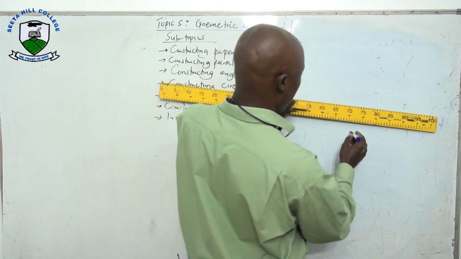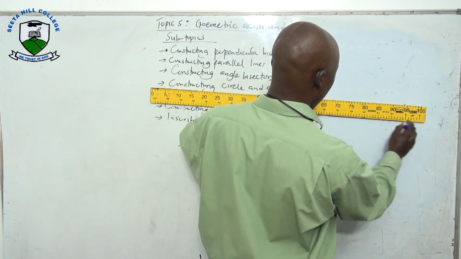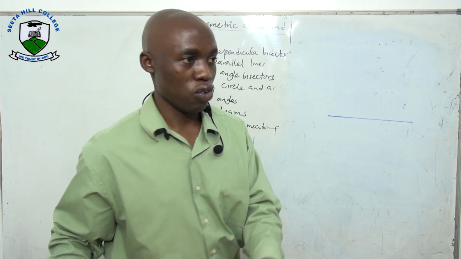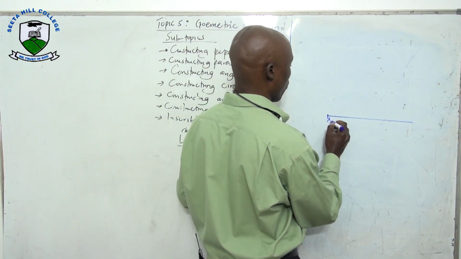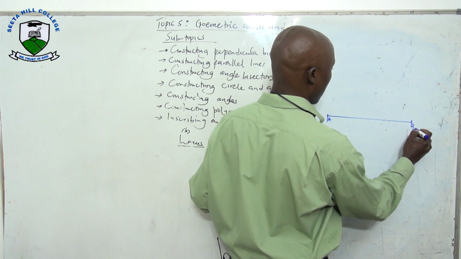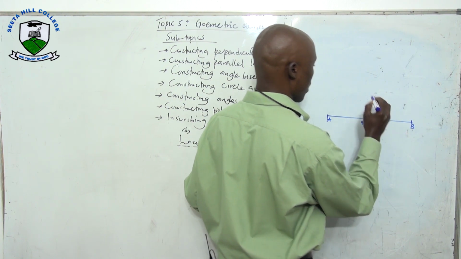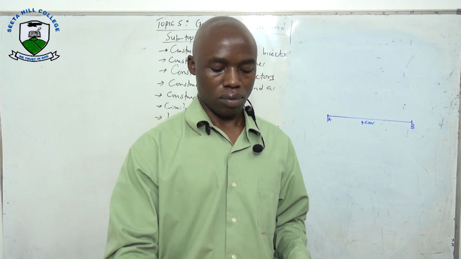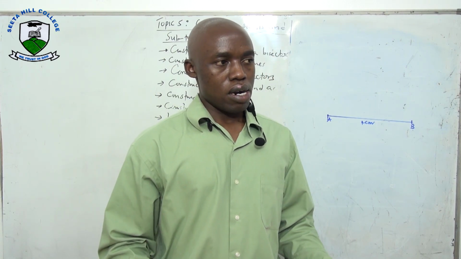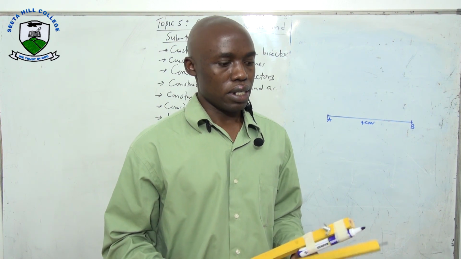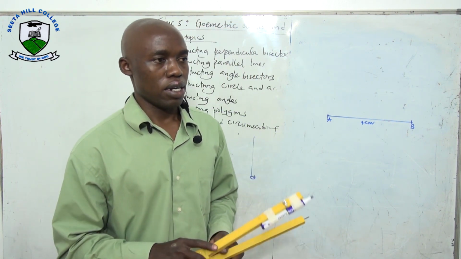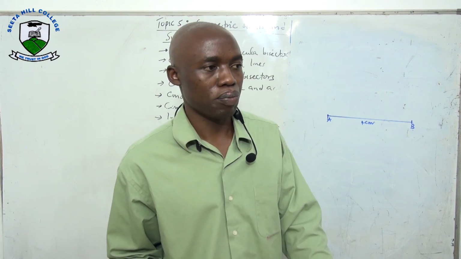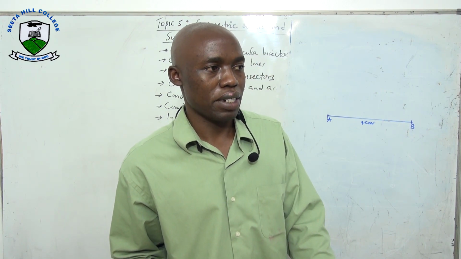How are we achieving that? Make sure you have a line segment of 4 centimeters. You can call it AB. Then is the equidistant distance specified to you from that line?